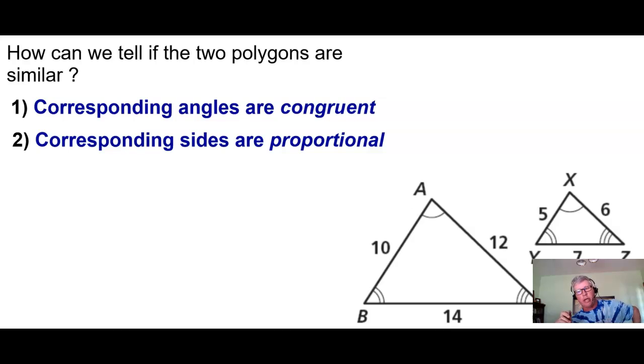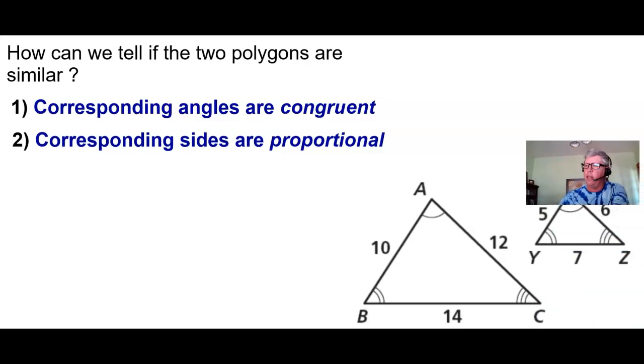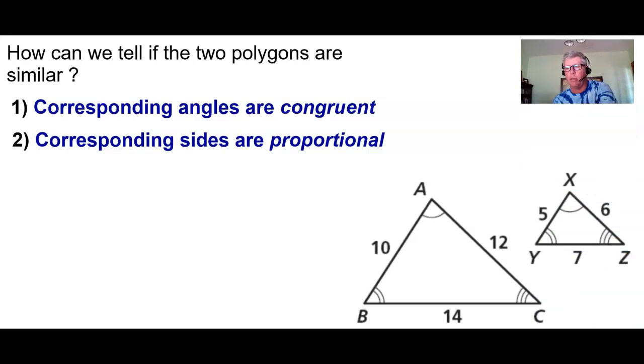Let's stick with two triangles. Then we could also look at the side lengths and show that they're proportional.